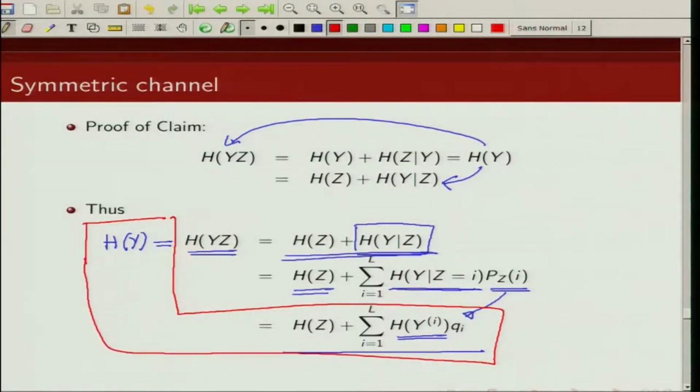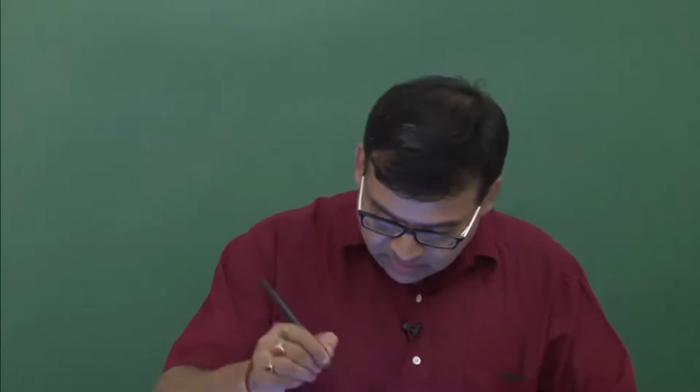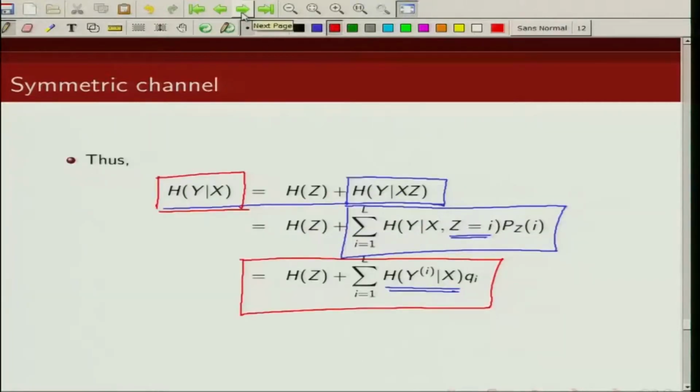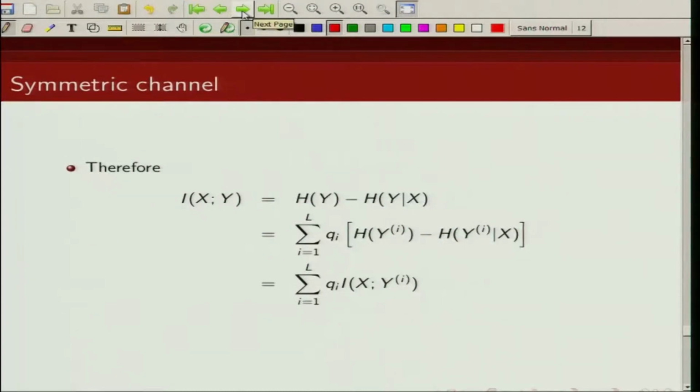Right? So the capacity is maximizing h of y minus h of y given x, maximizing over all input distributions. So if I subtract h of y given x from this, h of z is common in both of them, so that gets cancelled out. What is left is this particular term. Now what is this? h of yi minus h of yi given x.